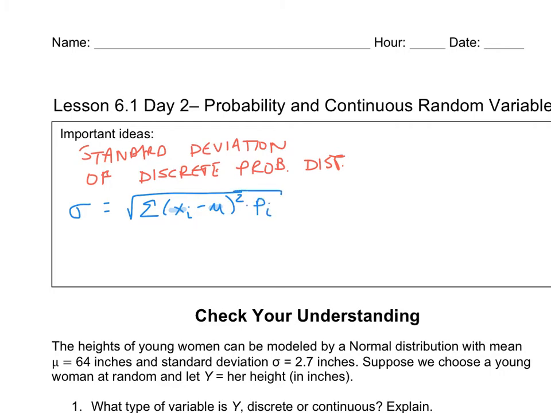We square to take into account above or below, taking out that negative part, times the probability of that given event, and then take the square root. So we've accounted for the difference between it and the mean, and we've also taken into account the fact that it's squared, so we take out the negative, and we're accounting for the fact that it's a probability distribution. In that, we're multiplying by the probability. And our standard deviation squared is going to equal our variance, of course.